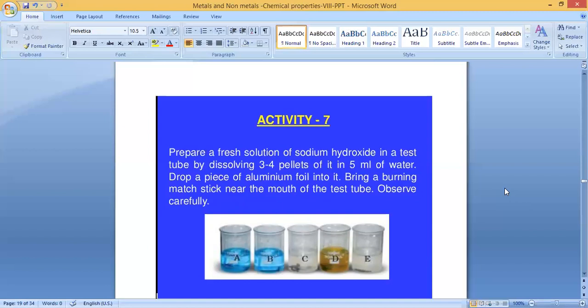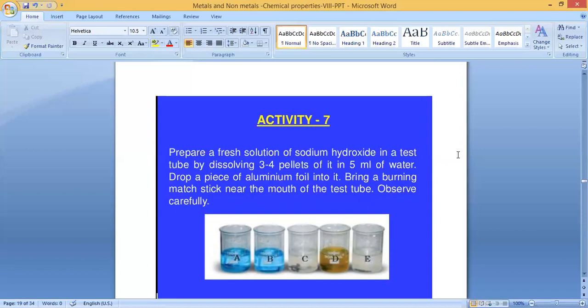Observe carefully. So here, what are you going to make? You are going to make a fresh solution of sodium hydroxide. It's a base, not an acid. Before, we tested with acid; now we are going to test with a base. What base are we going to use? Sodium hydroxide. How can you make a fresh sodium hydroxide solution? Take a beaker with 5 ml of water and add 3 to 4 pellets of sodium hydroxide; it will dissolve.